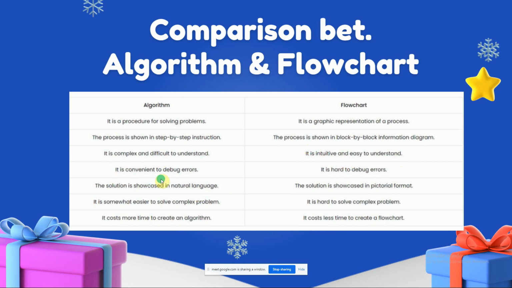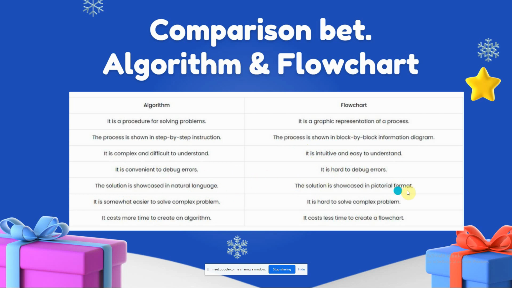Sa algorithm naman, this is convenient to debug errors, whereas sa flowchart, it is hard to debug errors. Later on, butang na ni sa i-mention ko mali as part of the disadvantages of having flowcharts. And this solutions for algorithm is showcased in natural language, amo na baling written language ta, mostly to English na.